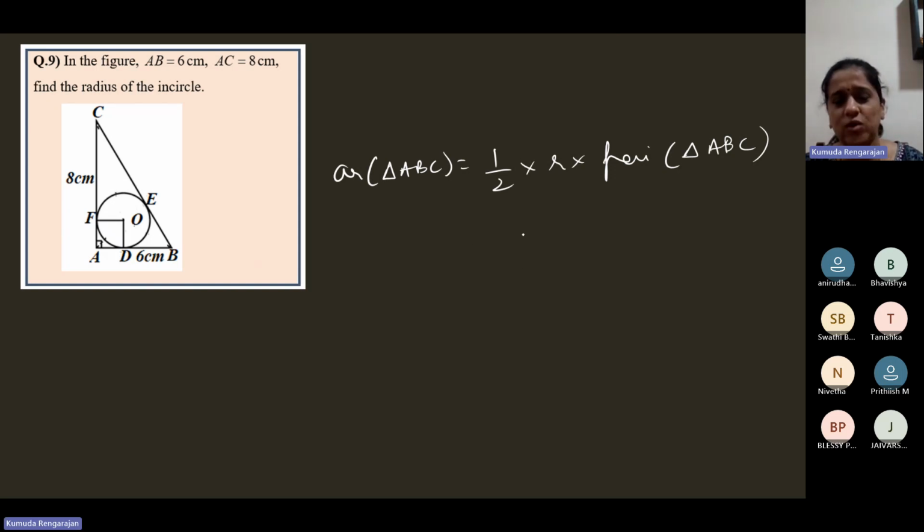You can also use this formula, because here we have no inradius. Area of triangle ABC is equal to half into inradius into perimeter of triangle ABC.